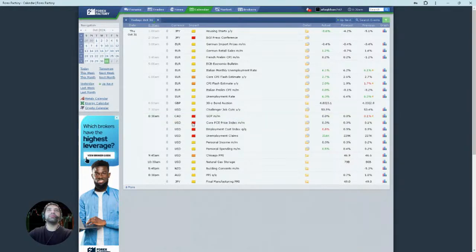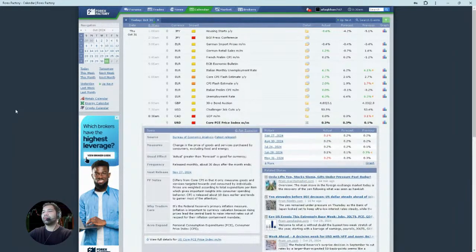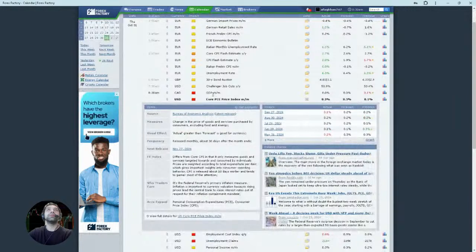Core PCE price index. It is also a form of CPI, consumer price index. It is also the proxy of that, and it also represents inflation. It is the change in the price of goods and services purchased by the consumer, excluding food and energy.